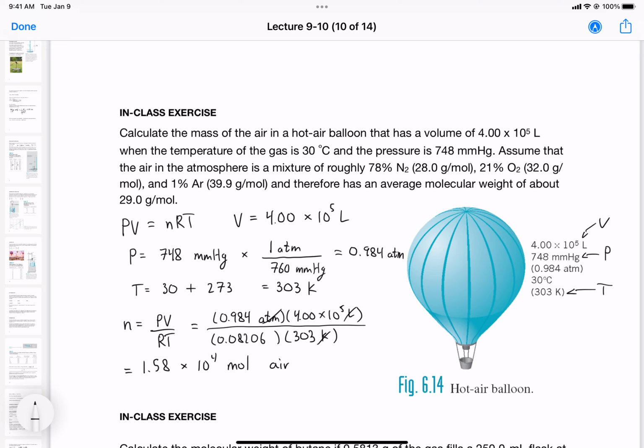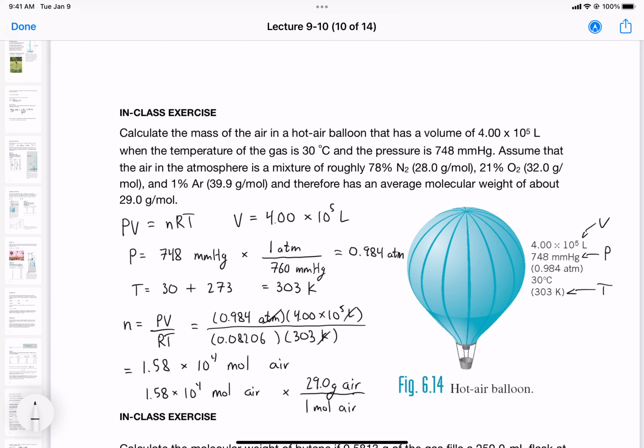So we take our moles of air, 1.58 times 10 to the 4th. And we know that 1 mole of air is equal to 29.0 grams per mole. In the question, you have to be able to identify that the molar masses are just given there for each element. But we're talking about air, right? And the average of that is 29.0 grams.